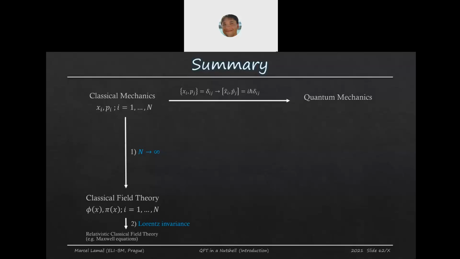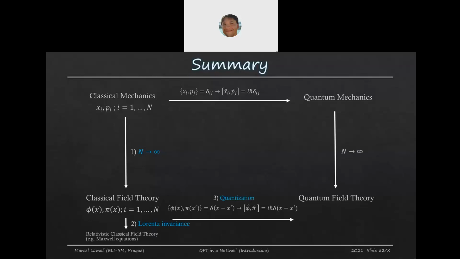Then we could also, in classical field theory, talk about relativistic classical field theory if we construct field theories that are Lorentz invariant. This would, for example, lead to Maxwell equations. And then what we've done through the top-down approach is that we've quantized these fields.